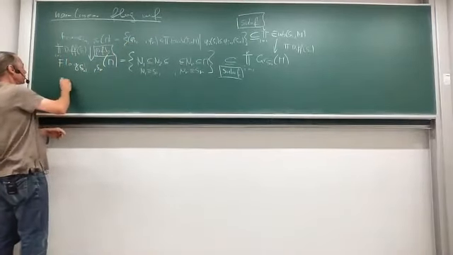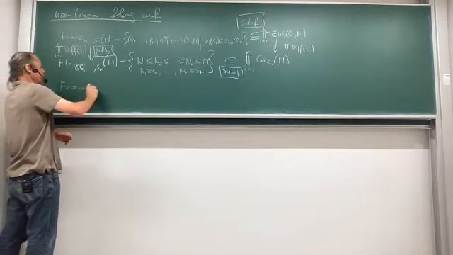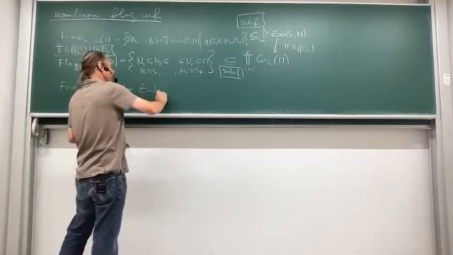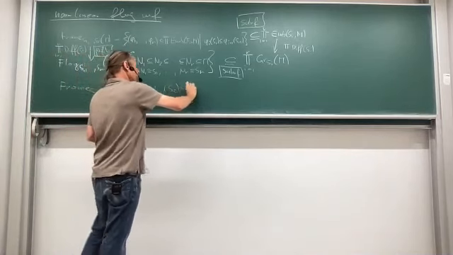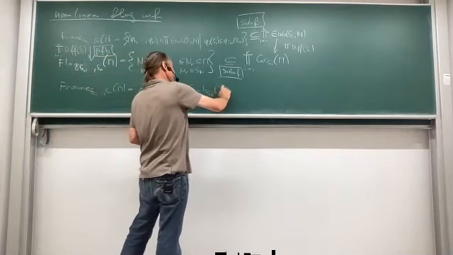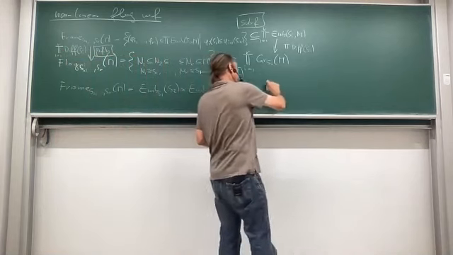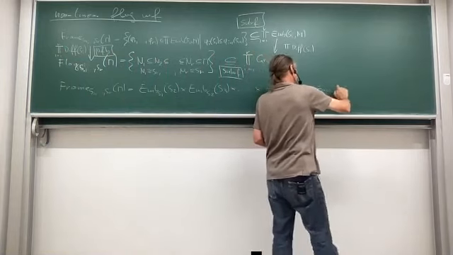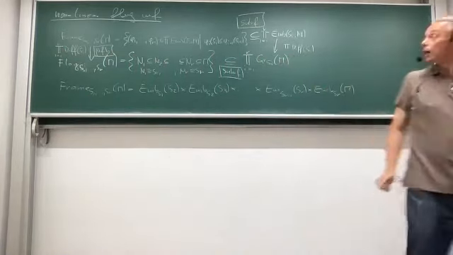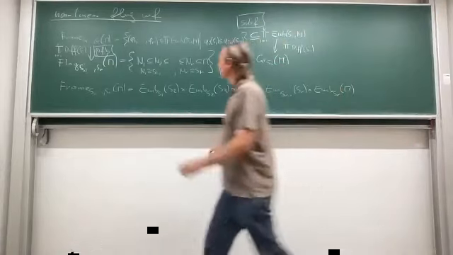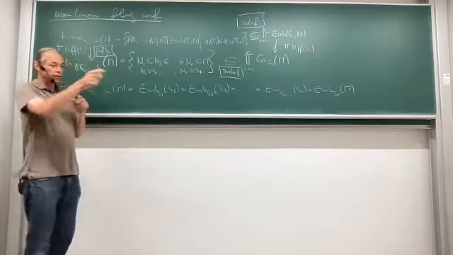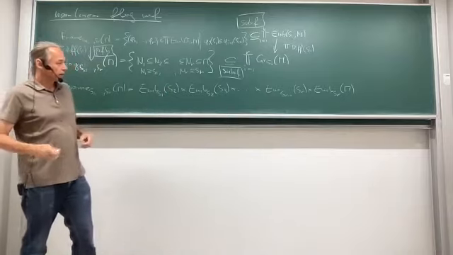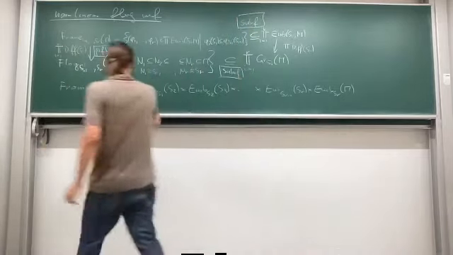It's really very straightforward to identify the frames with just embeddings of S1 into S2, plus embeddings from S2 into S3, and so on, embeddings from S(r minus 1) into Sr, plus embeddings of Sr into M. First, you take phi1 going to M, then you take phi2 to go back to S2. So there's a canonical map you can write down here, and this canonical map is in fact a diffeomorphism.